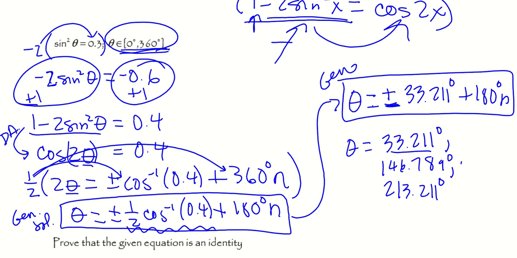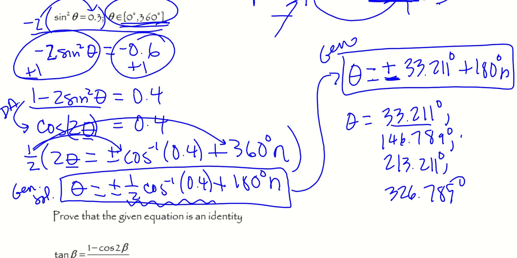Add 180 to the 146, and that gives me 326.789 degrees. Okay, so that started with a pretty clever change to get this in the place where I could use my double angle. The value of that is it got me to one function that contained my variable, that wasn't squared. So that was a great thing. All right.